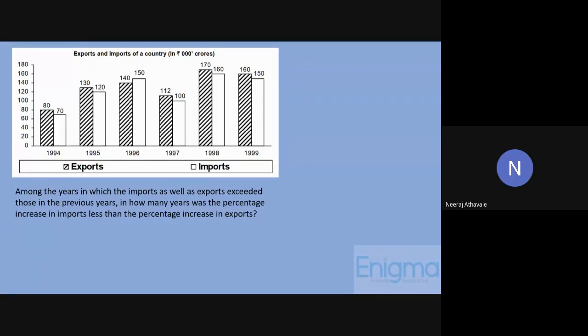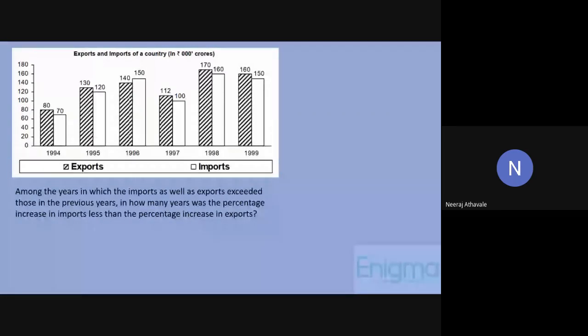Check. It is 0. Prasanraj is getting the answer as 0. That would be the answer: in none of the years is the percentage increase in imports less than the percentage increase in exports.